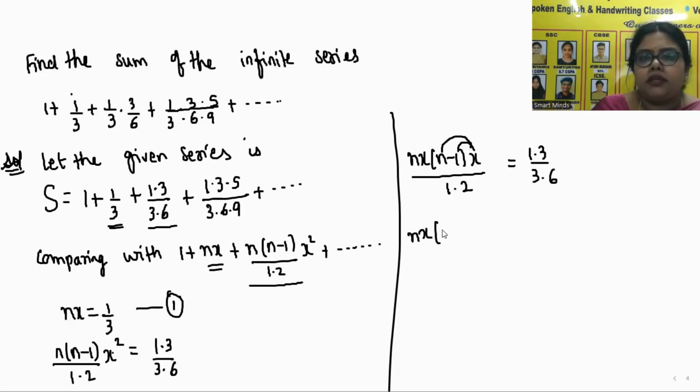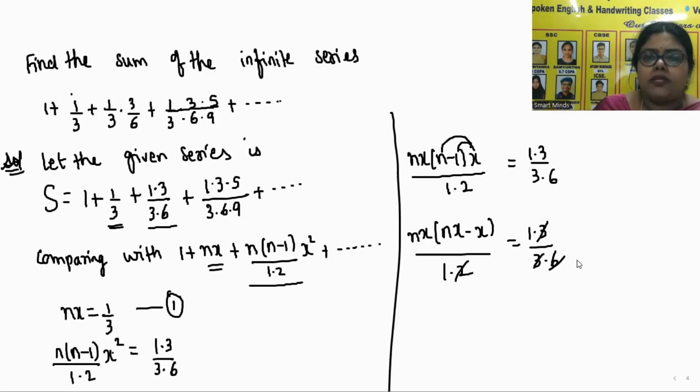So nx into (nx minus x) by (1 into 2) equals (1 into 3) by (3 into 6). 3 cancels, 2 ones are 2, 3 threes are 9. But we got nx as 1 by 3, so we will substitute here. So 1 by 3 into (1 by 3 minus x) equals 1 by 3.